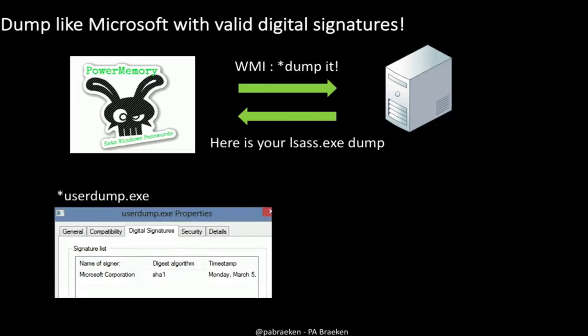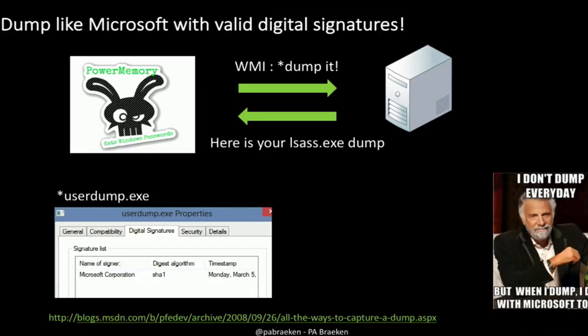And to do that, I will use userdump.exe, which is a Microsoft tool too, and which is signed by Microsoft. And if you are interested in this kind of tools, Microsoft wrote in 2008 a very good article with a lot of tools they created, signed too, that can be used to dump process memory. So I don't dump every day, but when I dump, I do it with Microsoft tools.